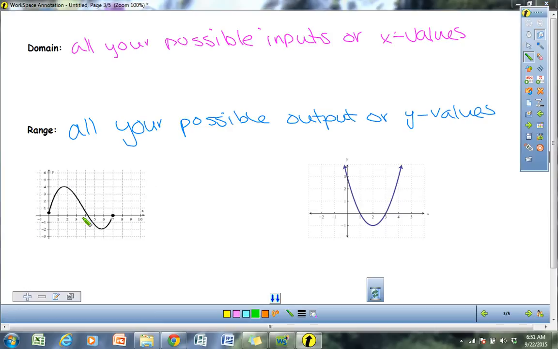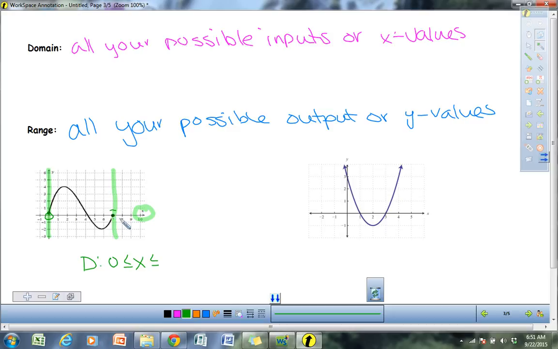So domain's all of our x values, so I like to think of it as going from left to right. So I'm going to highlight my first point and my last point. Now for my domain, I have my first x goes through 0, so 0 less than or equal to x, less than or equal to my last x is 7. And we could also write that as [0, 7].